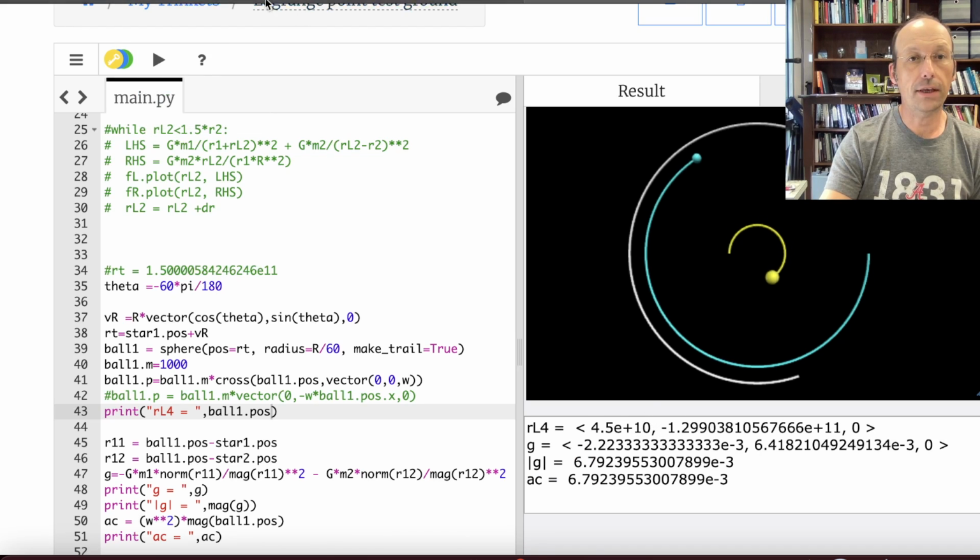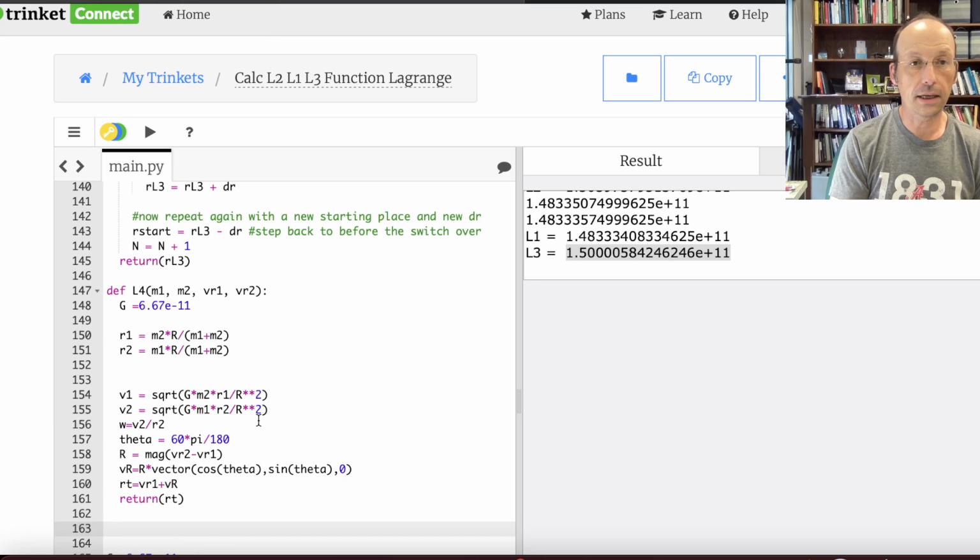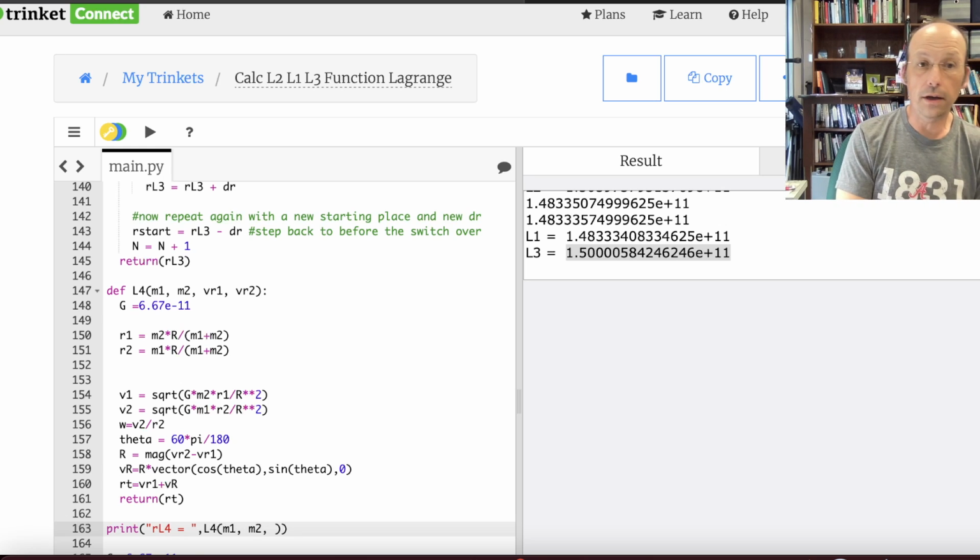Now, if I go back over here, and let's say print RL4 equals, now I need L4, the function L4. I need to give it M1, M2. Now I need the vector location of R1. So that's going to be vector negative R1, 0, 0.